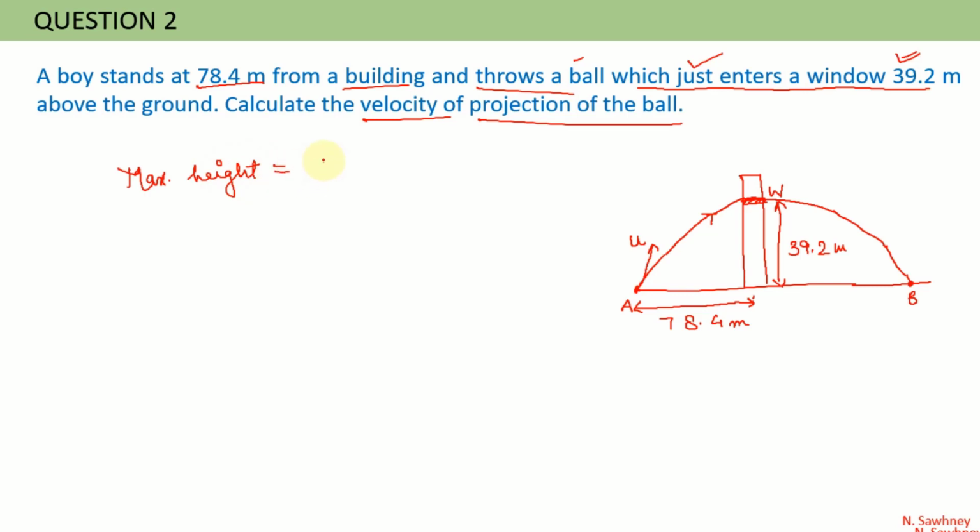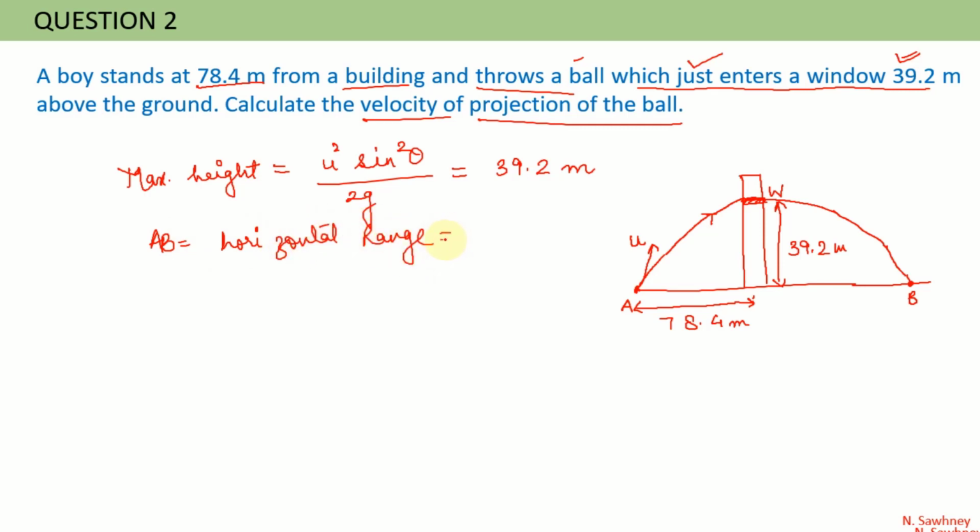which is given by the expression u square sine square theta upon 2g, is equal to 39.2 meters, and AB is the horizontal range. Now you can look carefully from the figure that the horizontal range will be twice of 78.4.